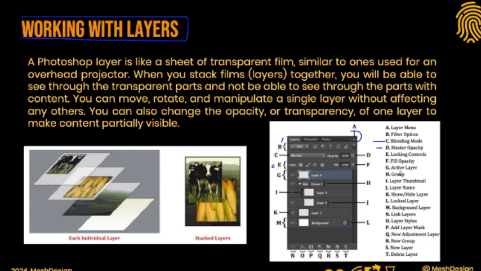And then G. G is the eye you see here, or no, G is the active layer. The layer that has the blue, if you open Photoshop and look at your layer panel, the layer that is currently blue is the selected layer or active layer.